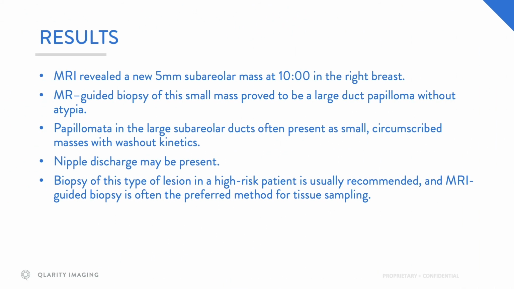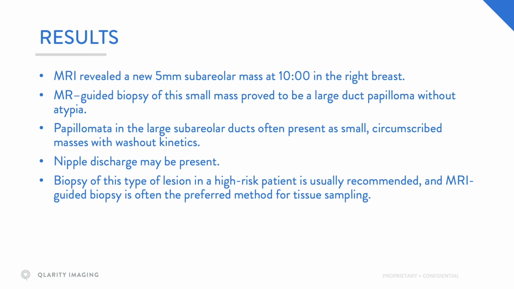The pathology results revealed a 5 millimeter subareolar mass. The MR-guided biopsy of this small mass proved to be a large duct papilloma without atypia. Papillomata in the large subareolar ducts often are present as small, circumscribed masses, and they often have washout kinetics, which may become a little difficult for analysis and reading by the radiologist.